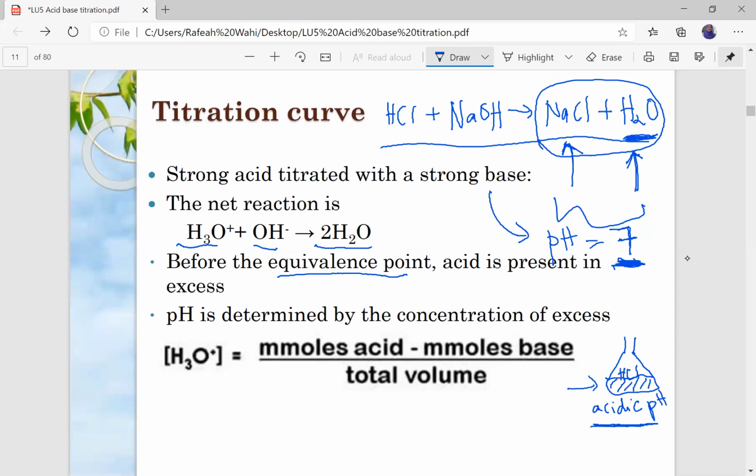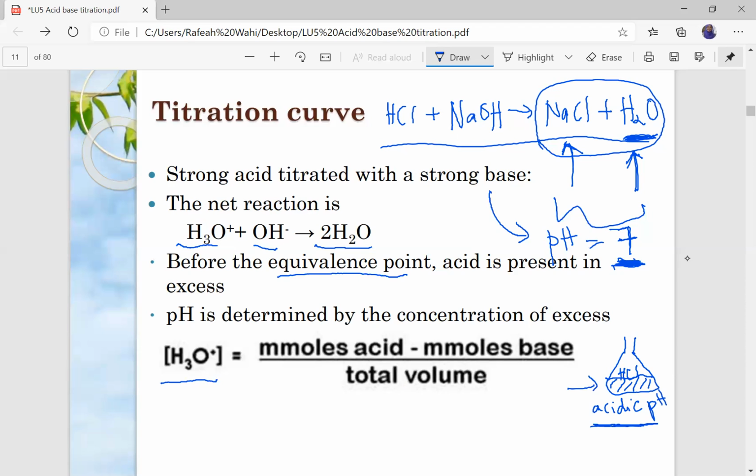Okay. Now, pH is determined by the concentration of excess hydronium ion. Because we know acid is present in excess, it should be excess in hydronium ion before the equivalence point. So how do we calculate it? Concentration of hydronium ion equals millimoles of acid minus millimoles of base divided by the total volume.